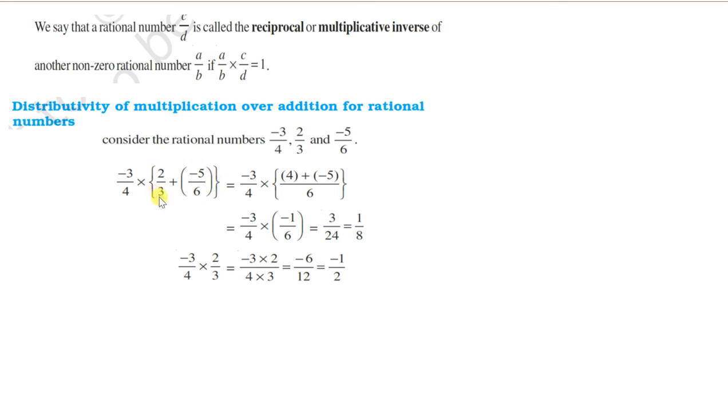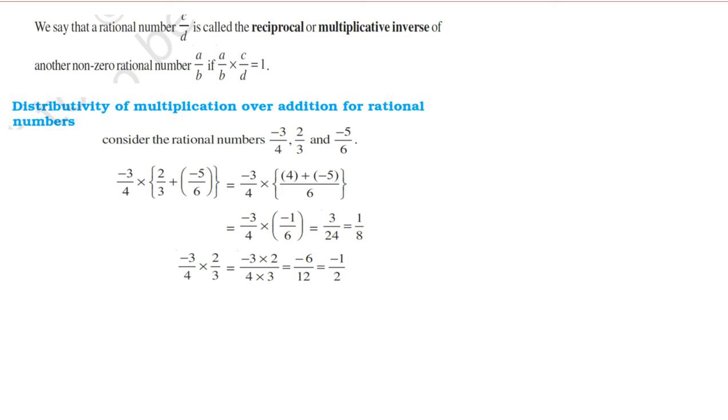First of all, you have to simplify the bracket. When you simplify the bracket, the LCM is 6 and the numerator becomes 4 plus minus 5, that is minus 1 by 6 is the result of the expression within the bracket, and when you multiply the two you will get 3 by 24, that is 1 by 8.